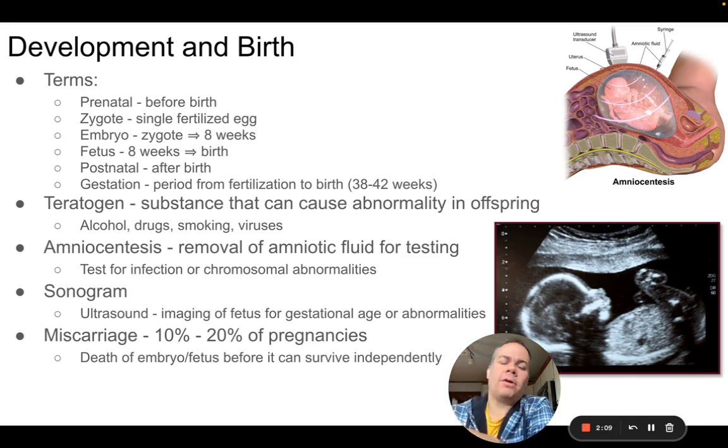While this embryo is developing, material that the mother is consuming can make its way to the developing embryo and fetus through the placenta. This is why things like alcohol, drugs, and smoking can have negative effects on fetal development, especially in the early stages. In the early stages of development, the major organ systems are forming.